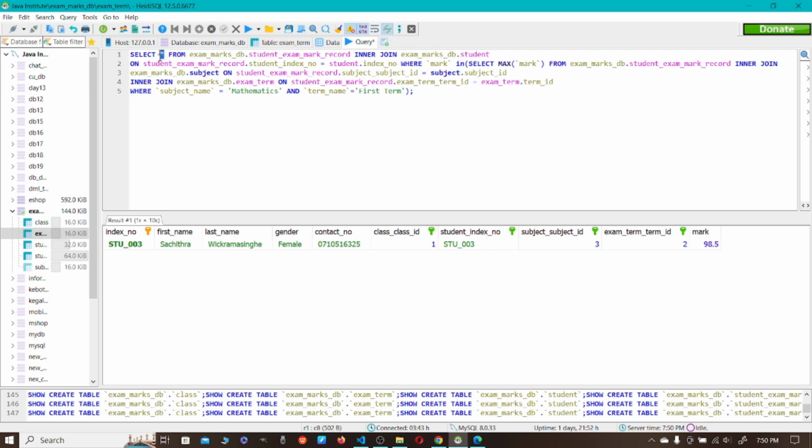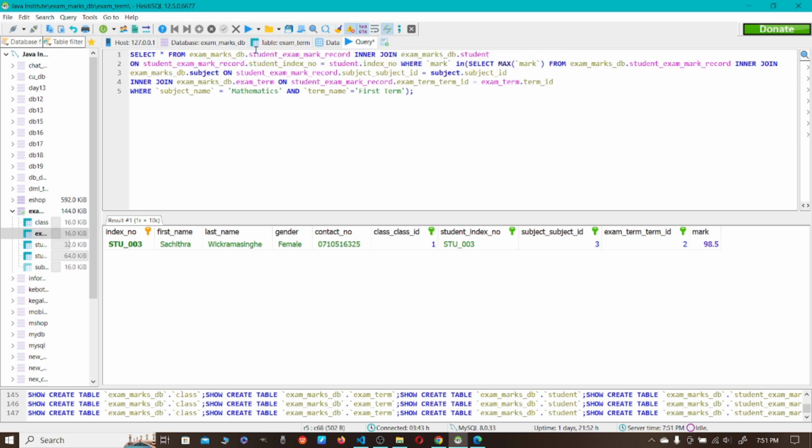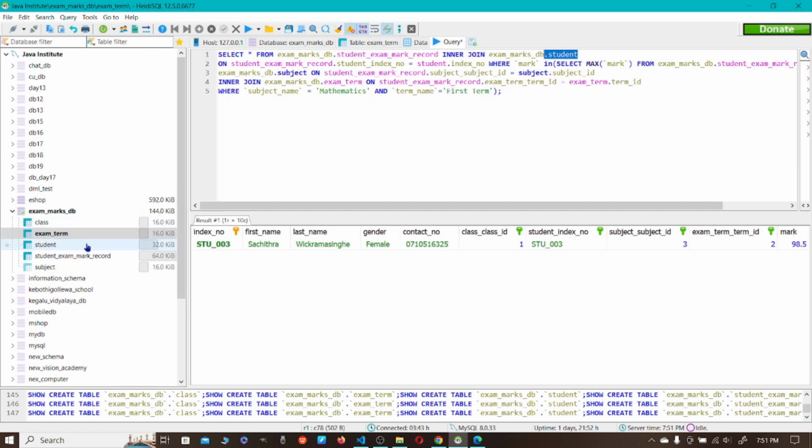So as you can see, I have used the asterisk mark so we can get all details of that student. I have used both of these tables because this table contains only the marks and the exam ID and the term ID, and this contains all of the names of the students.